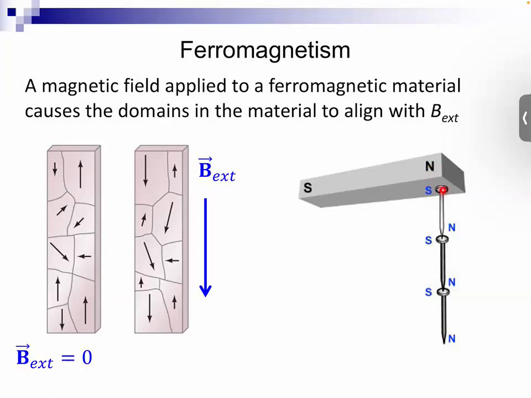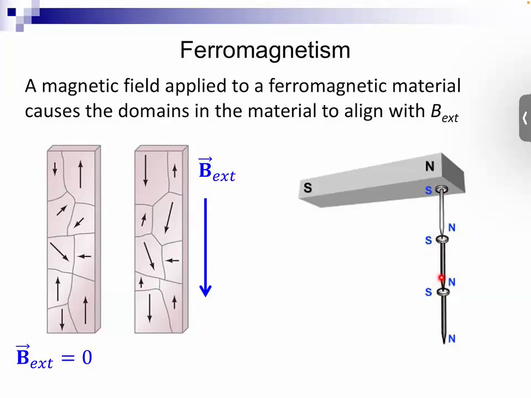The nail becomes a magnet itself, which then influences the second nail to align its magnetic domains according to the magnetic field of the first nail. So the north pole of the first nail attracts the south pole of the electrons in the second nail. The second nail becomes a magnet.